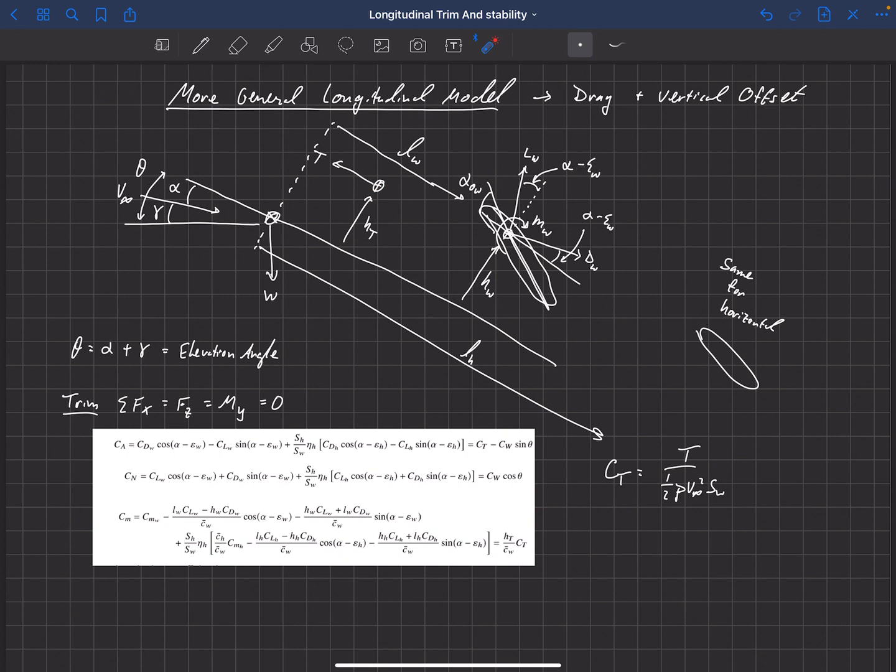And so we have the pitching moment from the wing, which is just its pitching moment from the aerodynamic center that just moves from that point to the center of gravity. But then we have offsets, vertical and horizontal offsets for the lift and drag on the wing rotated by that angle. Same thing with the lift and drag on the horizontal rotated by these angles here.